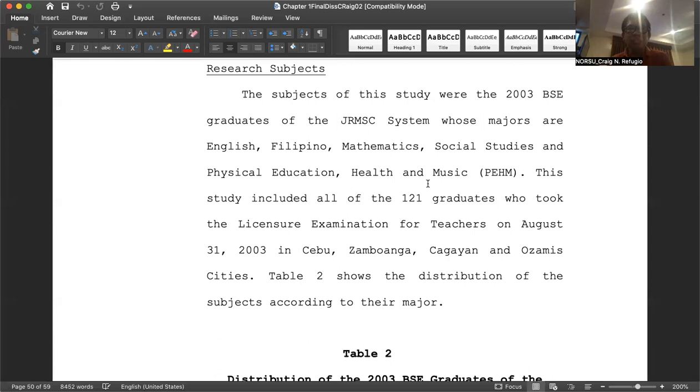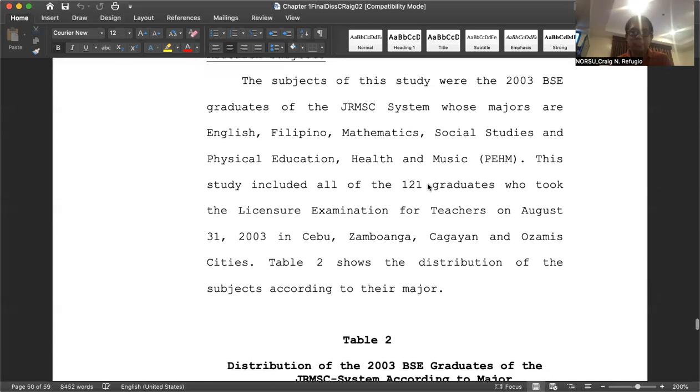This study included all of the 121 graduates who took the licensure examination for teachers on August 31, 2003 in Cebu, Zamboanga, Cagayan, and Osamis cities. Table 2 shows the distribution of the subjects according to their major.